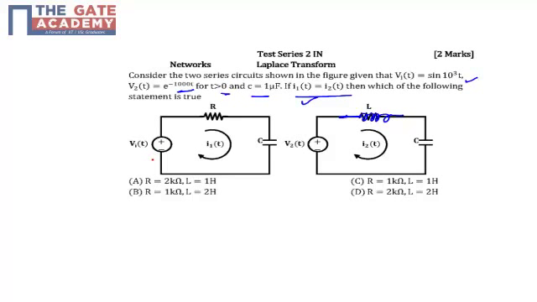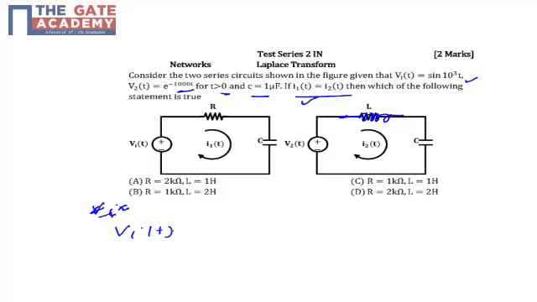So first, write down the KVL equation for circuit 1. Or first of all, we can convert the input sources into the Laplace transform.